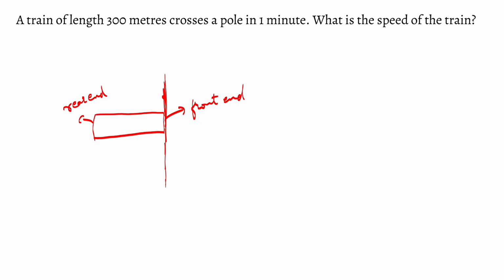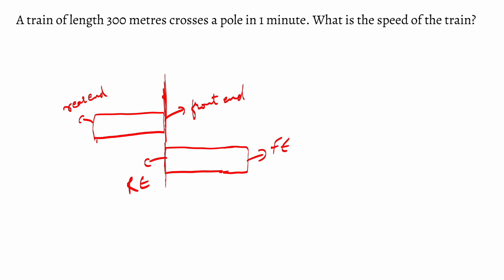When the front end of the train touches the pole, we say that the process of crossing started. After this, the train will be like this, with the front end here and the rear end here. Now we can say that the process of crossing ended because the rear end is now here.